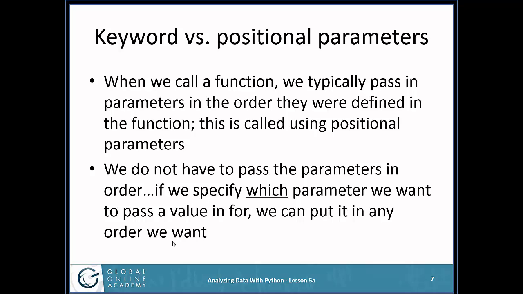Let's say we know something takes A and B, but we didn't remember if A went first or if B went first. We could still pass something in by saying function name, parenthesis, B equals 7, comma, A equals 14. Even if the function had A first and B next. We can put them in any order we want.